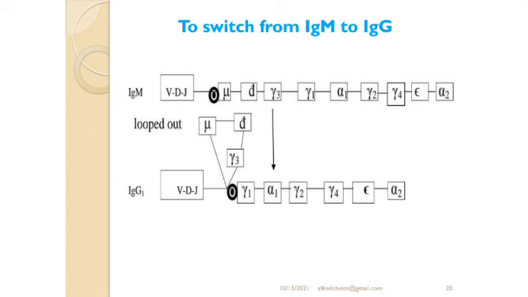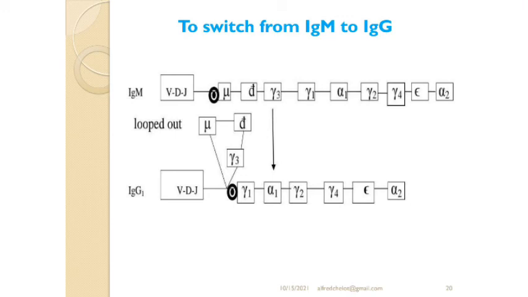However, a different mechanism is involved when we are making immunoglobulin D. So for immunoglobulin D, what happens? An mRNA is produced which will contain the same V, D, and J gene segment, and also both the mu and delta genes of the constant region.